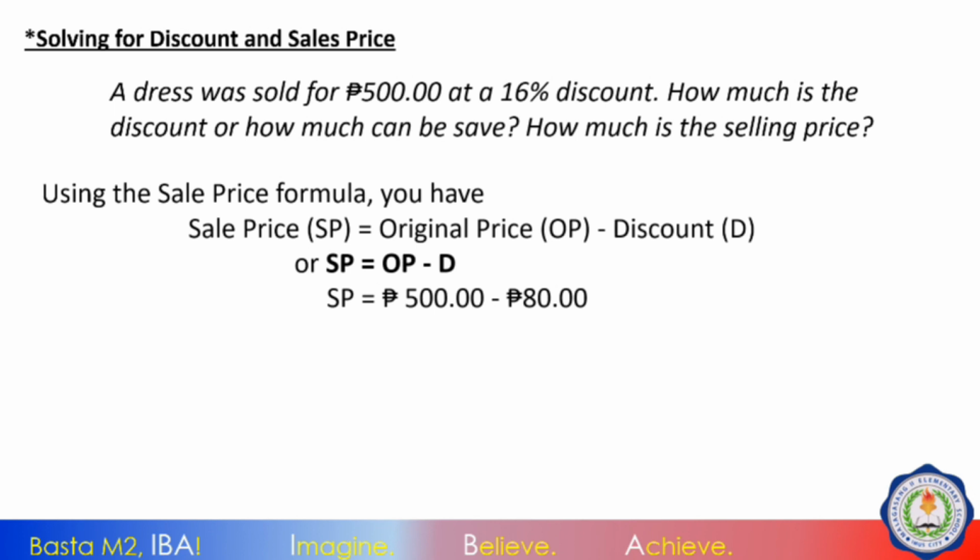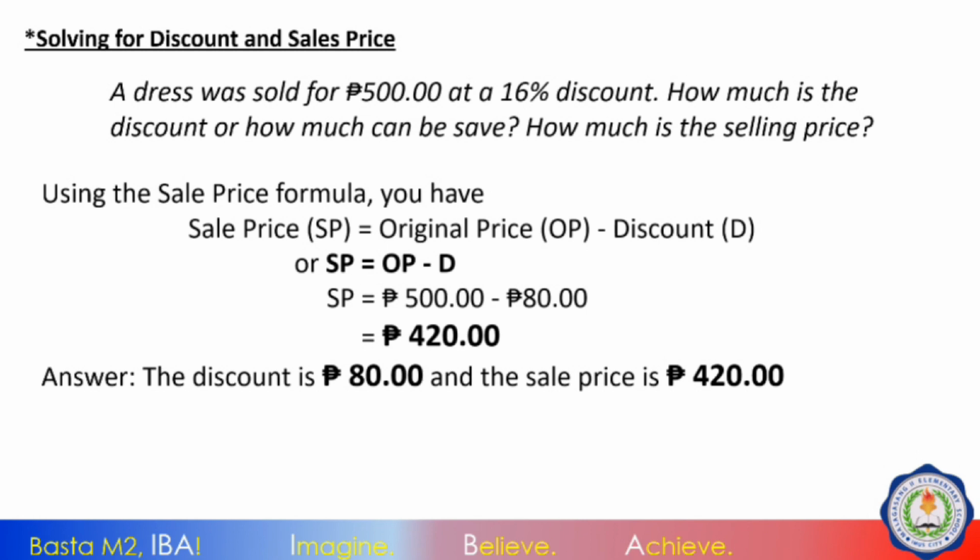To solve for the sale price, we need to subtract the discount from the original price. And that will give us an answer of 420 pesos. Therefore, the discount for the dress is 80 pesos and the sale price is 420 pesos.